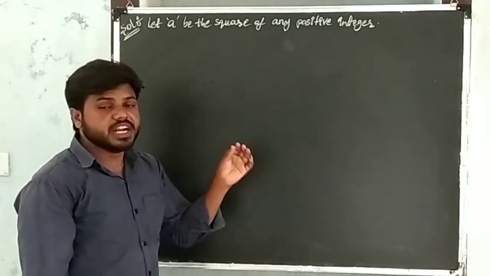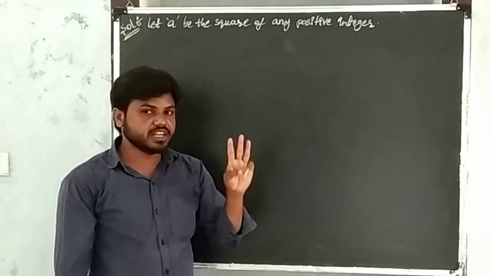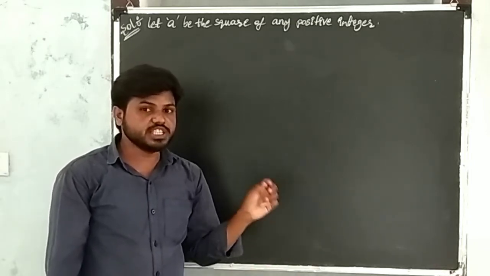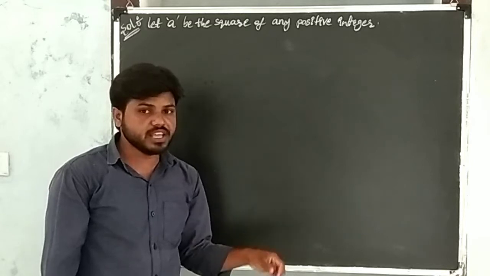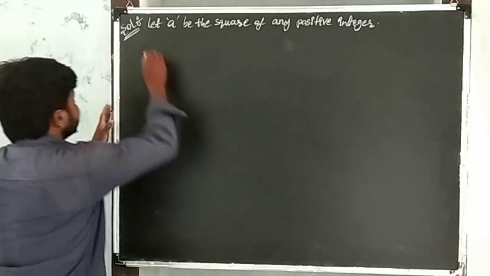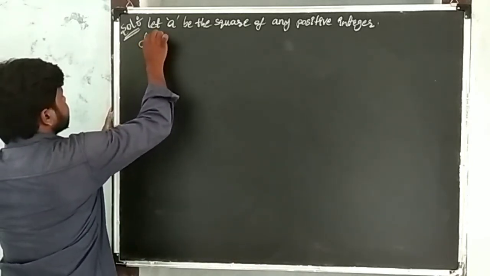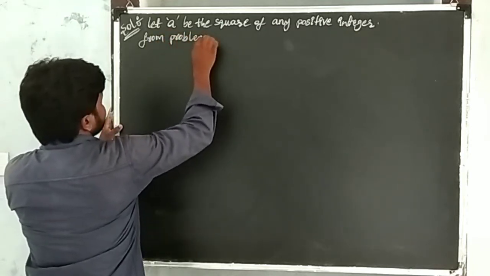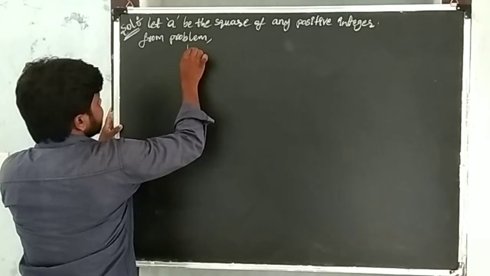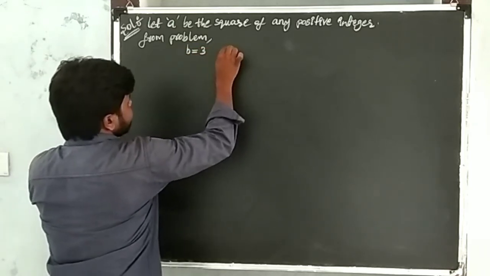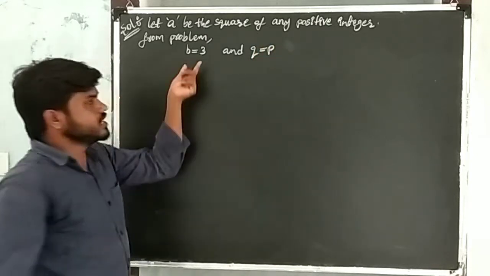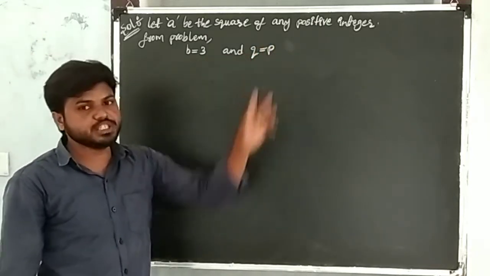From the problem, the divisor b value is 3 and the quotient is p.